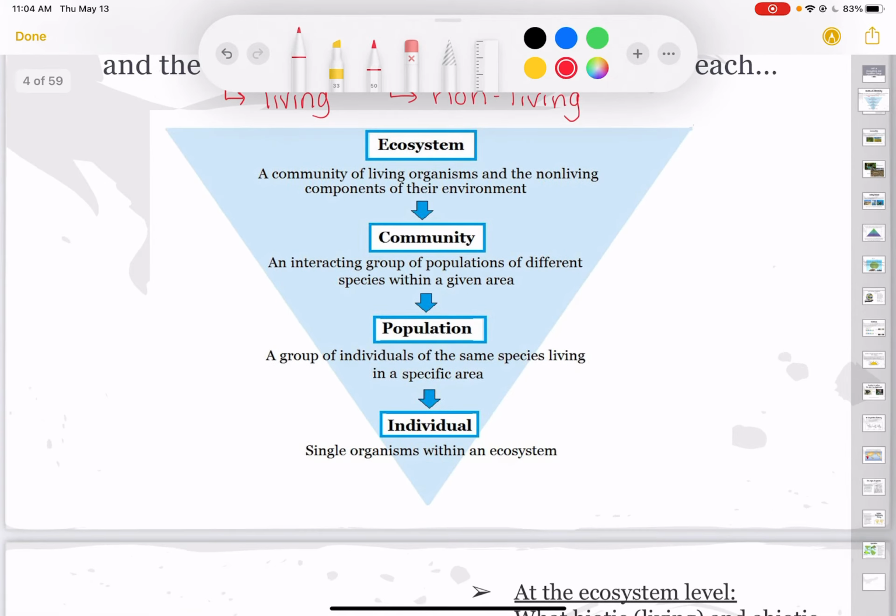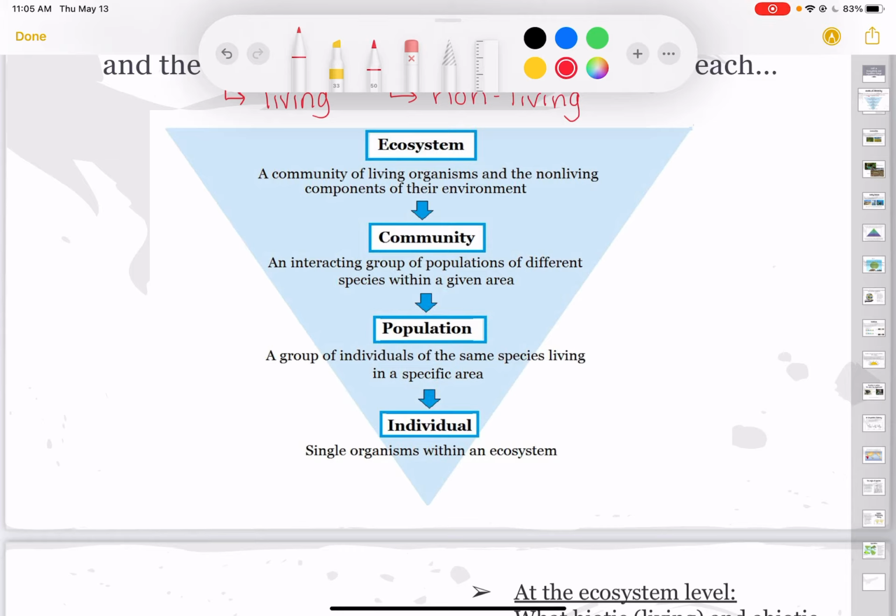So the hierarchy that exists in ecology, the biggest part of this hierarchy is the ecosystem. It's a community of living organisms and the non-living components of their environment. So this is really everything, all the living and non-living things together. This is really the environment, okay? This is our biggest section.